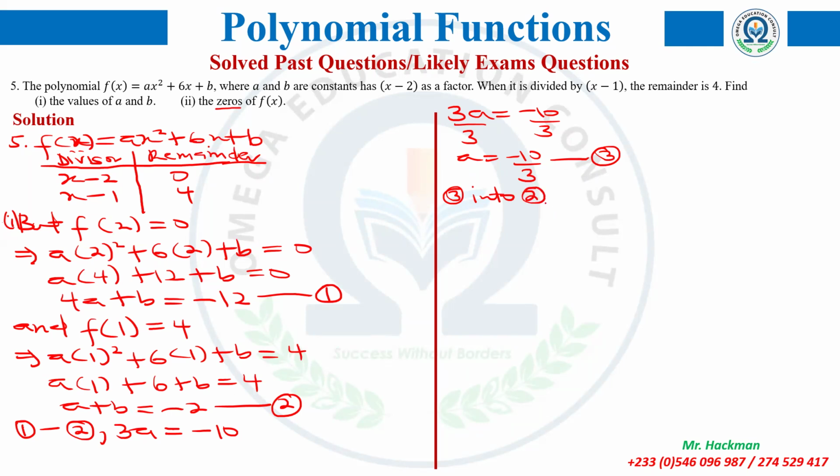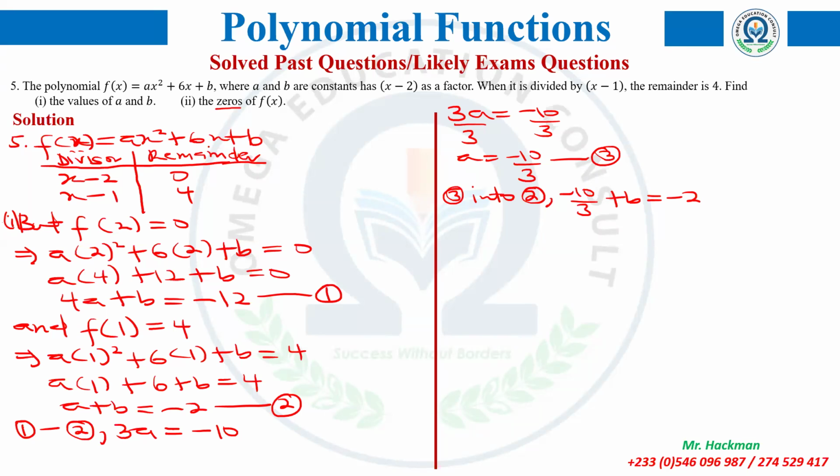Remember the advice. So on that note, I'm going to get a, which is minus 10 over 3, plus b is equal to what? Negative 2. Is my point well made, my professors? Yes. So at this point, you have an equation in b which contains a fraction. So we are going to multiply through by the LCM.